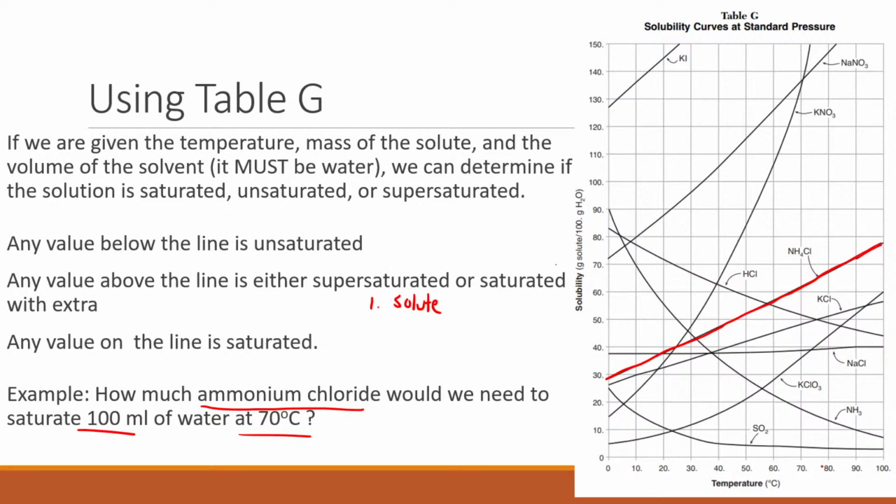The second thing that I need to know is my temperature, which they give me, 70 degrees Celsius. The third thing that I need to know is what they're looking for. Are they looking for saturated, unsaturated, supersaturated?